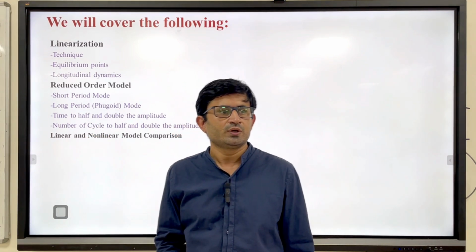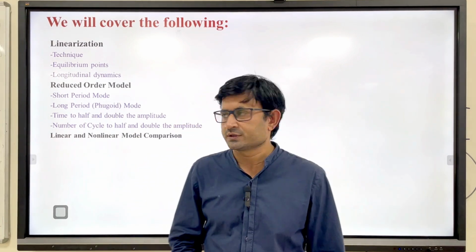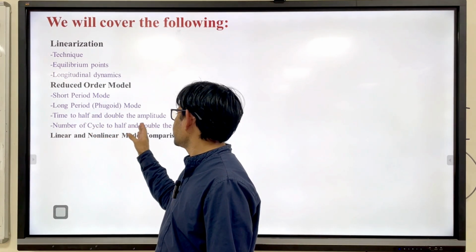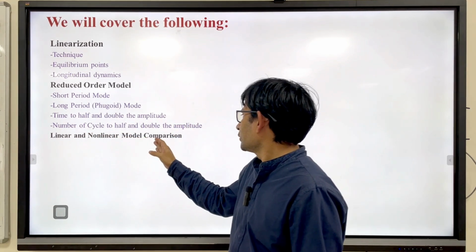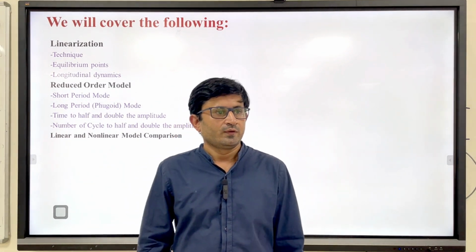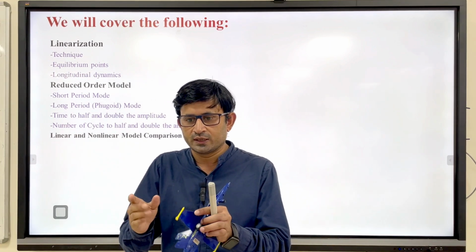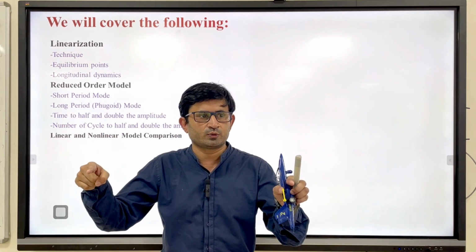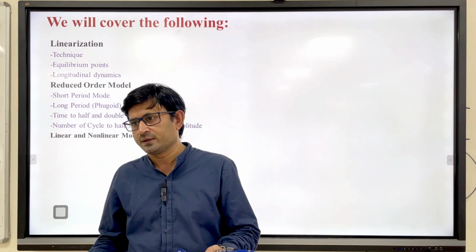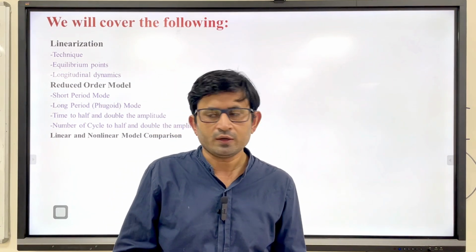We will see whether an oscillatory system is converging or diverging. We will find the time to half and double the amplitude and the number of cycles to half and double the amplitude. Finally, we have a non-linear model, and after linearization a linear model, and we will insert the same input to both models and compare, so that we can see whether the linearization is good or bad.